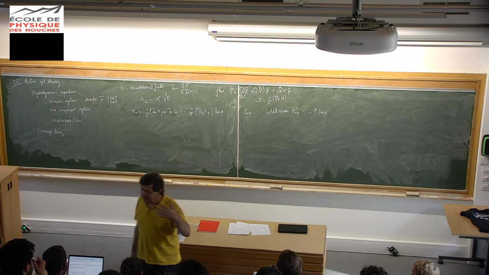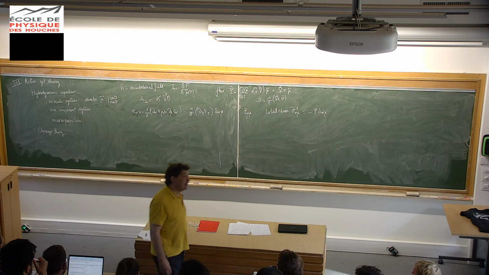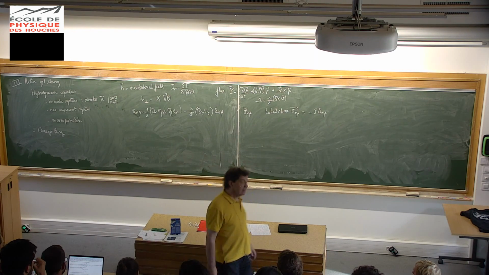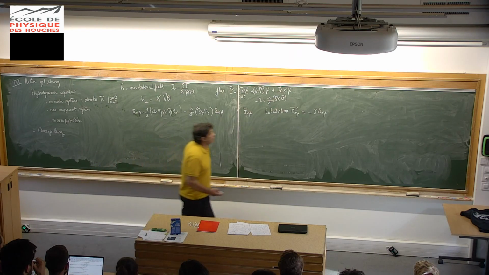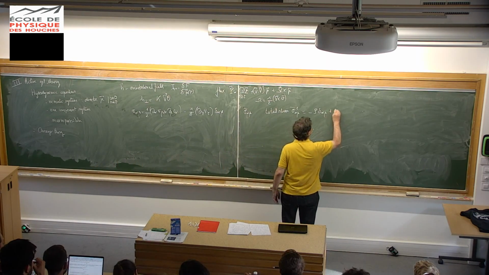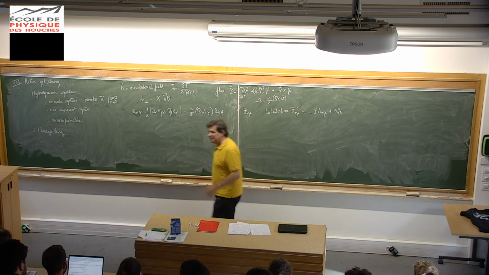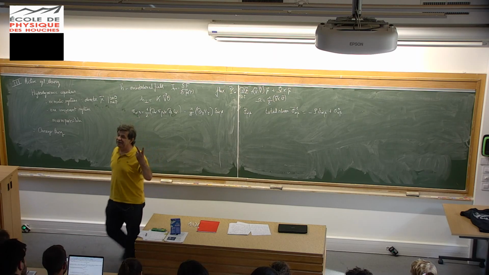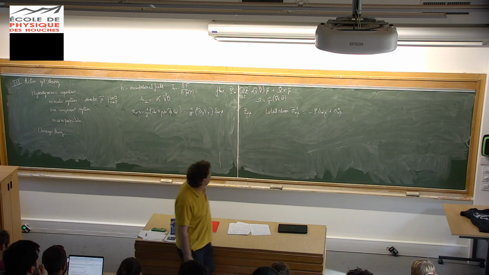The fact that the stress is not symmetric means that there are torques, and torque is an anti-symmetric component of the stress. So I won't talk about it very much, but there is a term sigma anti-symmetric alpha beta. That means if I exchange alpha and beta, this changes to minus sigma alpha beta.